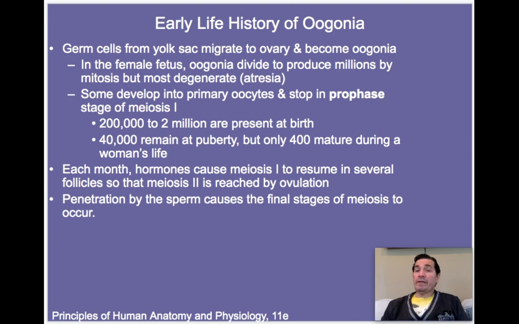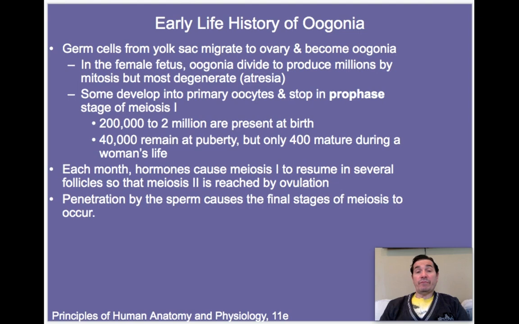But when we look at the development of the oocyte or oogonia, basically a female will produce millions of them during mitosis, but degrade some. So by the time a person is born, they only have between 200,000 and 2 million follicles.